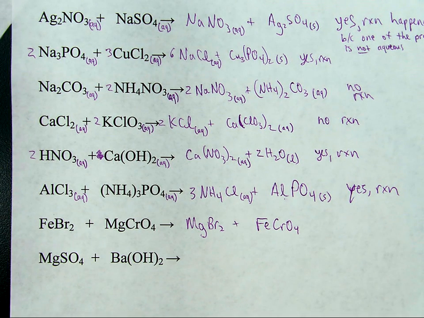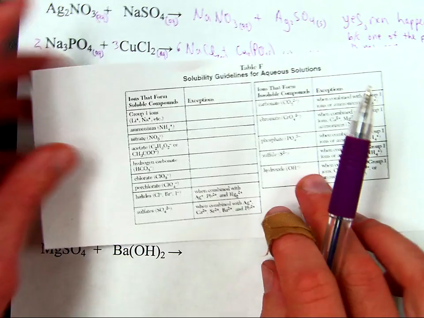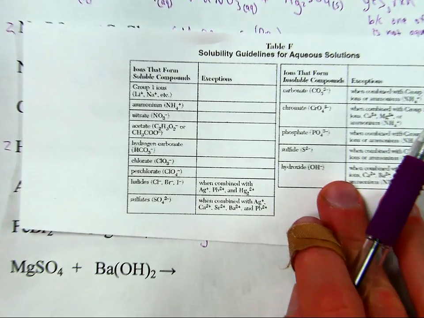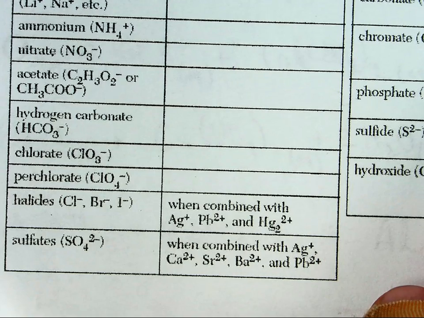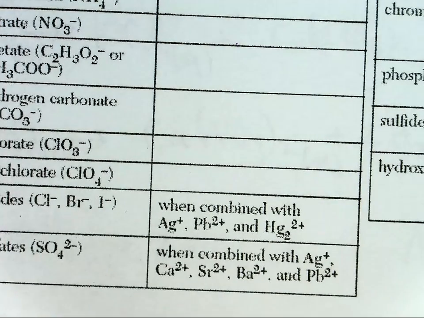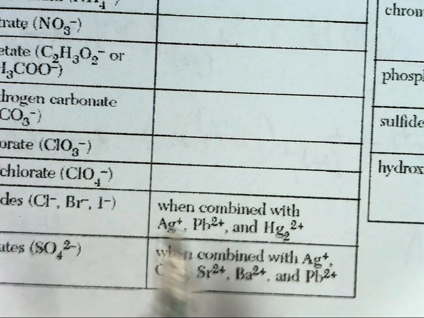Well, what's their physical state? Bromine, where am I going to find that? Well, that will be found on this chart under the halides. Being that it's under the halides, bromine is going to follow the same rules as all those chloride things we did earlier.